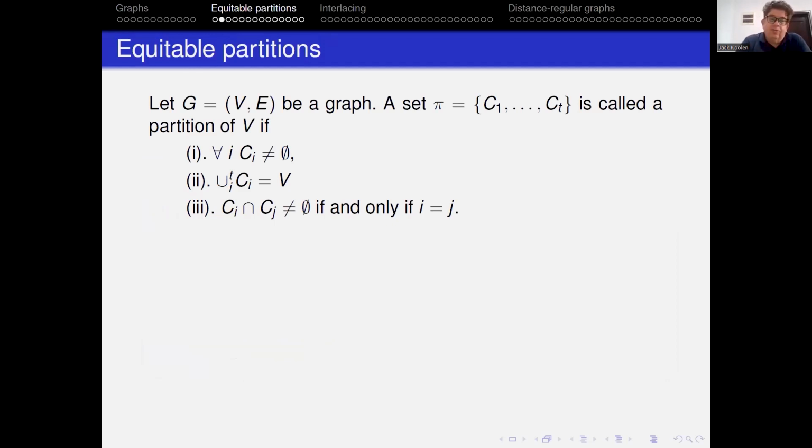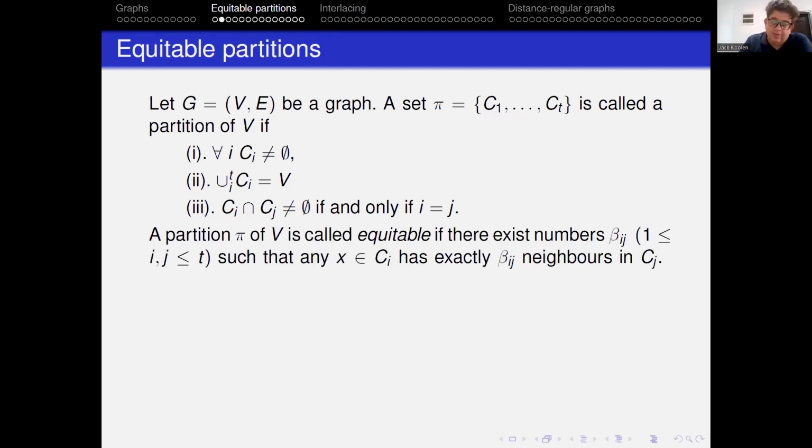Yes, we are looking at a partition of the vertex set of a graph. And we want all the parts not equal to empty. For me, a partition is where all the parts are non-empty, are disjoint and cover everything. That is what a partition is, yes?